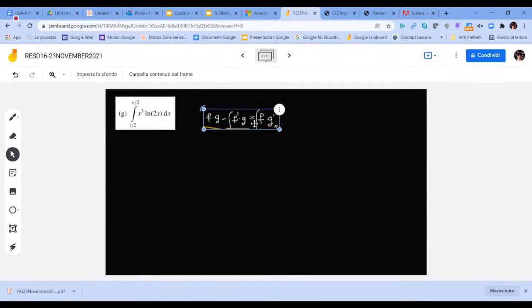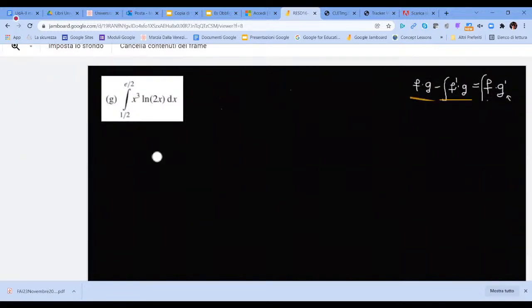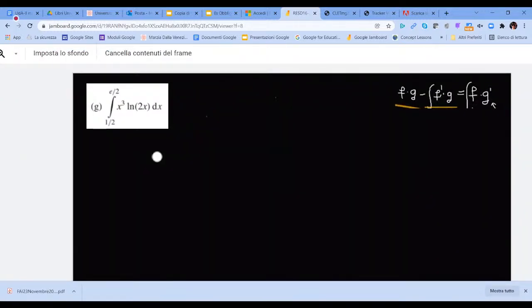So, what is f and what is g, and what is g prime? f is something that should be easy to differentiate, and we choose as f logarithm of 2x.